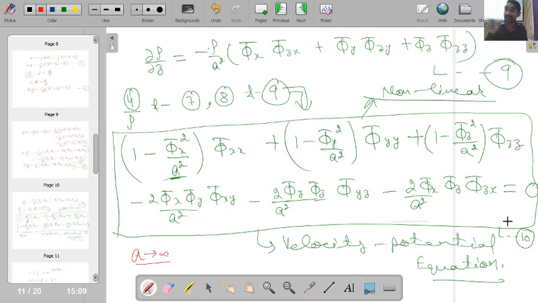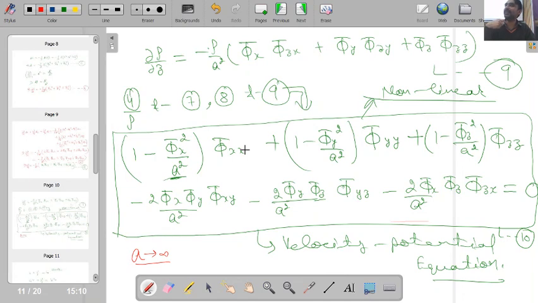And if I just write this equation for incompressible flow situation, I will simply get phi bar xx plus phi bar yy plus phi bar zz equal to 0. So all these terms are nothing but second derivatives, that is becoming equal to 0. So I will be getting a simple Laplace equation. If you go and check your basic fluid mechanics course, when we replace our continuity equation with potential function, what do we get?